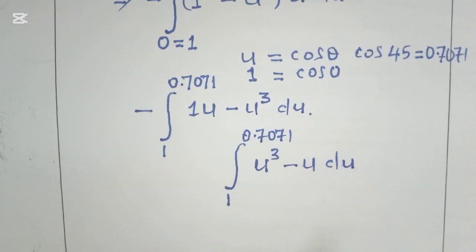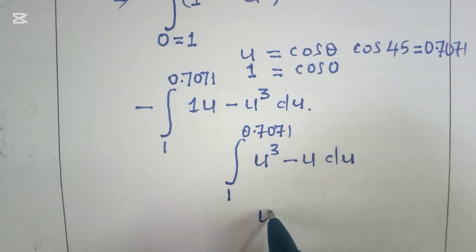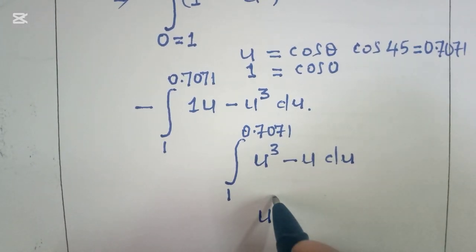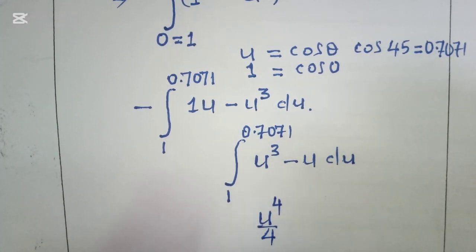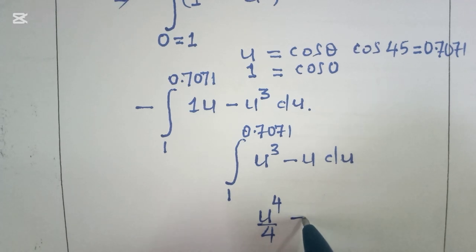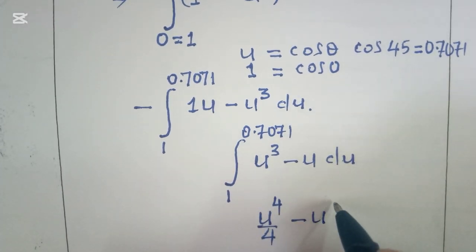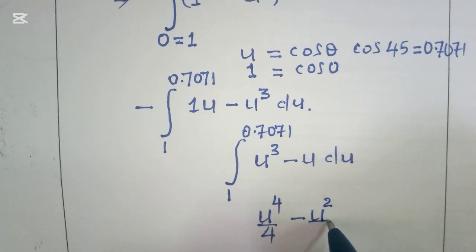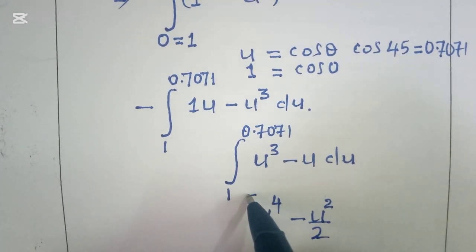Now we integrate. So when you integrate this, you'll have u, 3 plus 1 is 4, all over 4. This is the way we integrate. Minus u, this is now 1 plus 1, 2, all over 2. So that is how we do, guys.